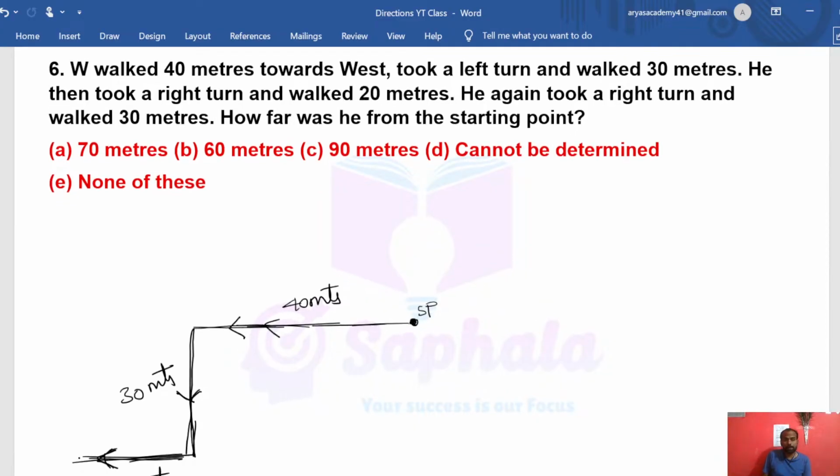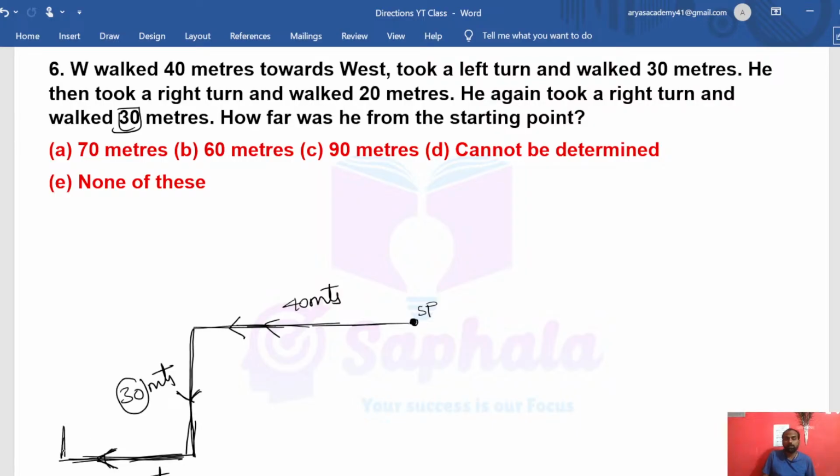As he is going towards west, if he took a right turn, it has to be towards north. He walked for 30 meters, the same value as before.